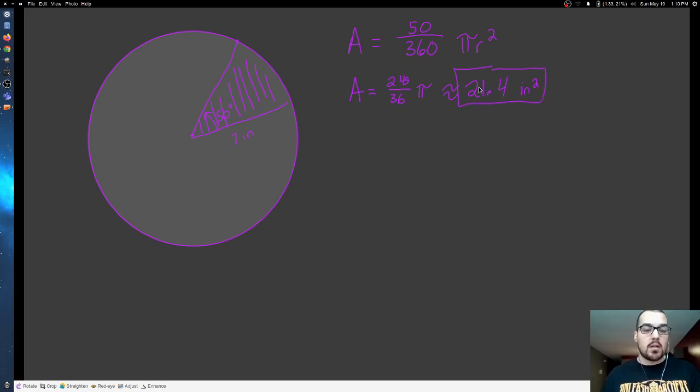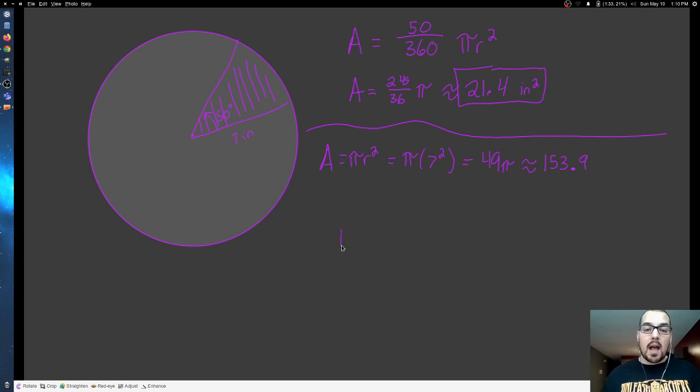Let's see if that's correct. Well, the area of the full circle would be pi r squared. So then that would be pi times 7 squared, which is 49 pi. So let me take 49, multiply it by pi. And I'm getting 153.9.